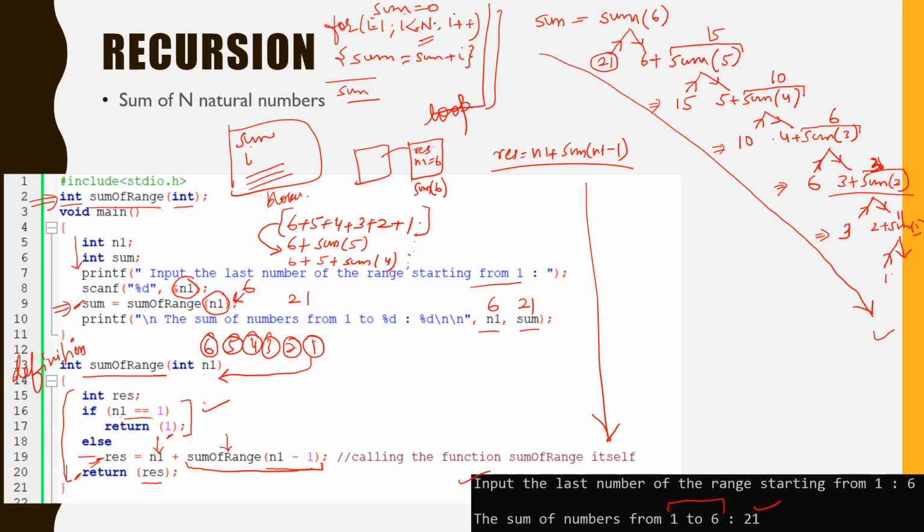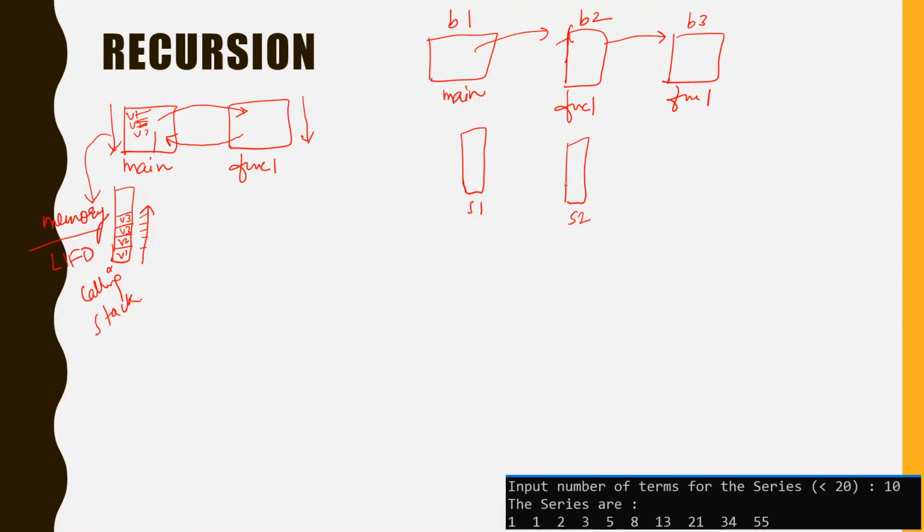In this example, this res is one of the parameters that would be stored in the stack. And you can have this n1 and other parameters which are in the current call. The value in the current call will be stored. Then this iteration of function 1 may again make a recursive call to the same function, and this would be created in a new block of memory.